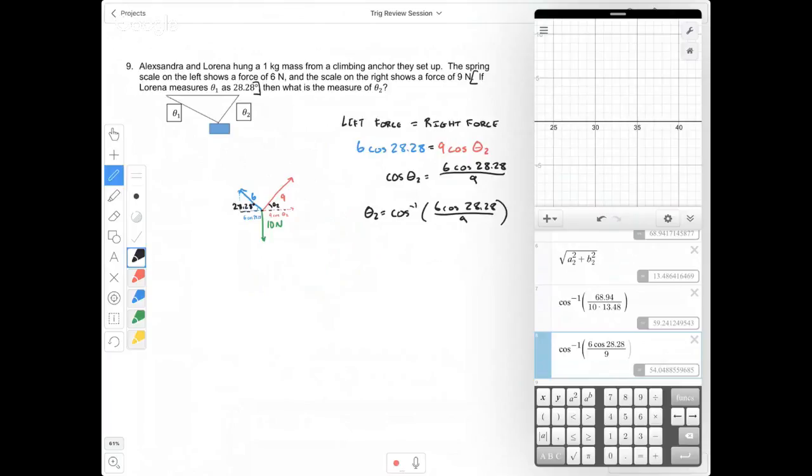Tracy says the reason she got 08 and I got 05 is that it's her calculator. But yeah, basically right. Cool. Questions on number 9.